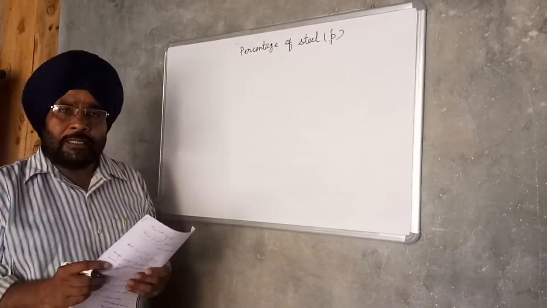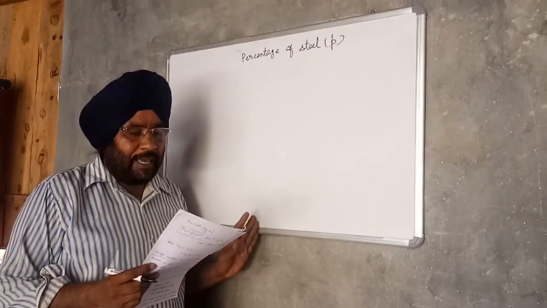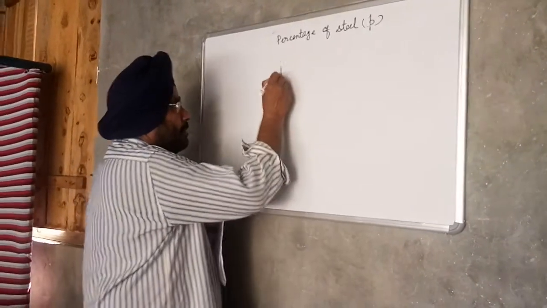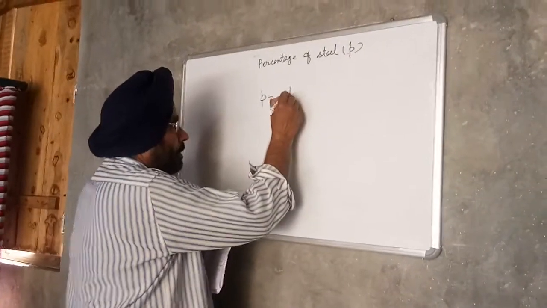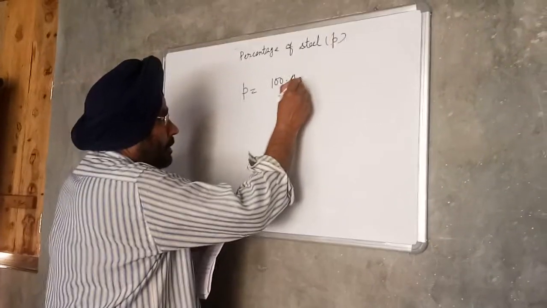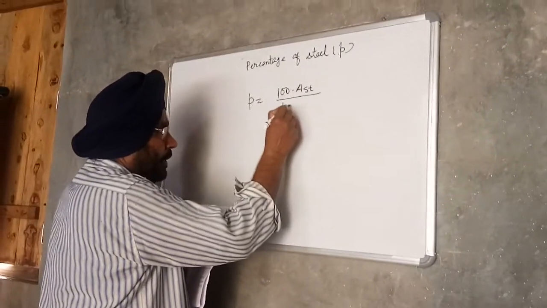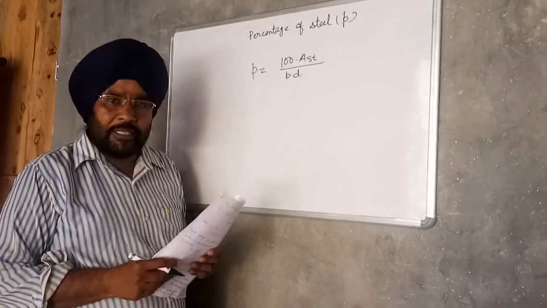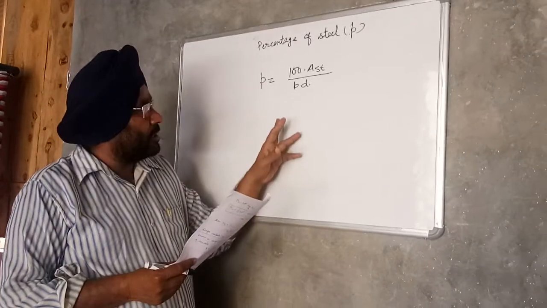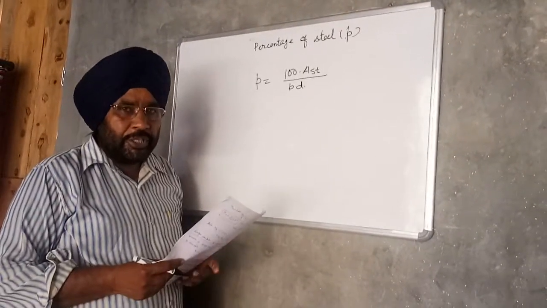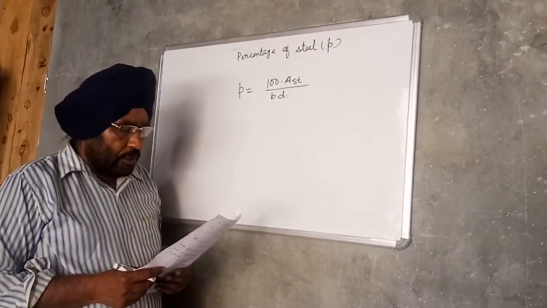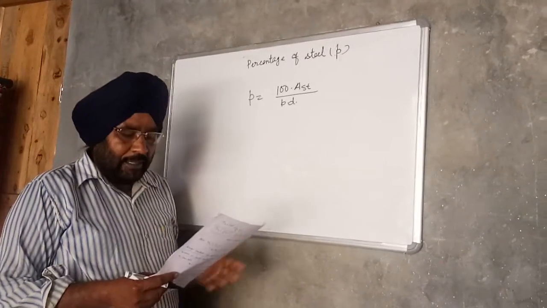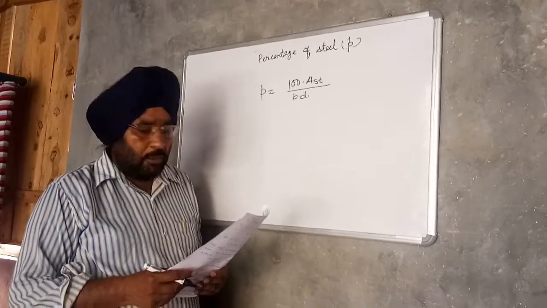So the area of the tensile steel can be expressed as a percentage of the total area of the concrete by the relation 100 AST upon BD, where AST is the cross sectional area of the steel in tension in square millimeter, B the width of the beam section in millimeter, D the depth of the section in millimeter. So the percentage of the steel depends upon the area of the tensile steel and also the area of the cross section of the beam.